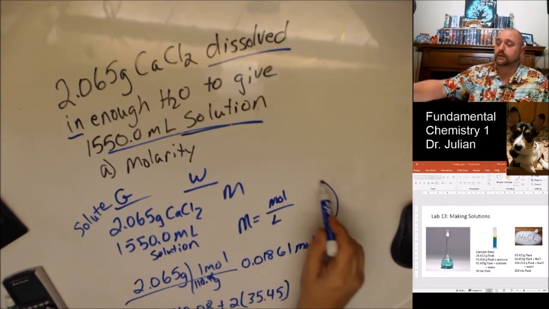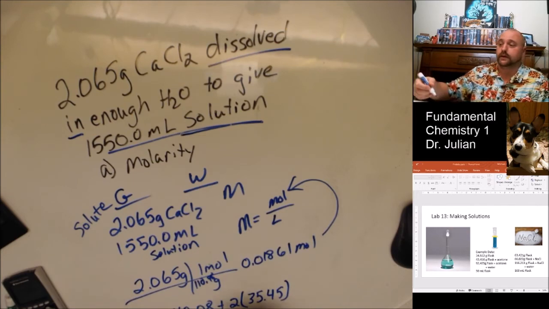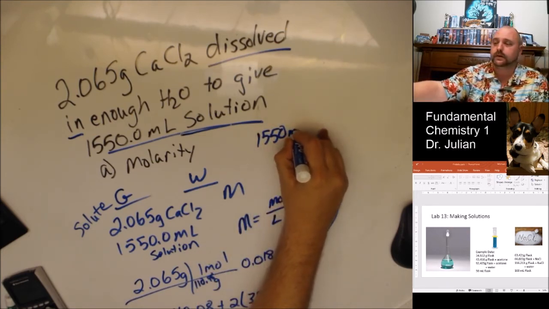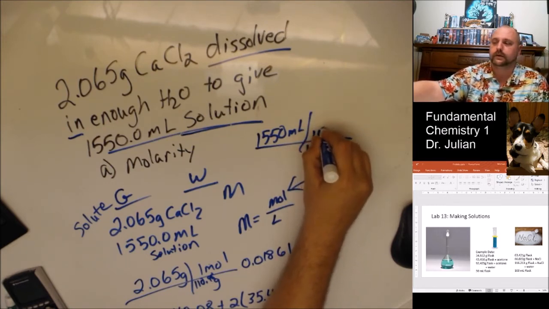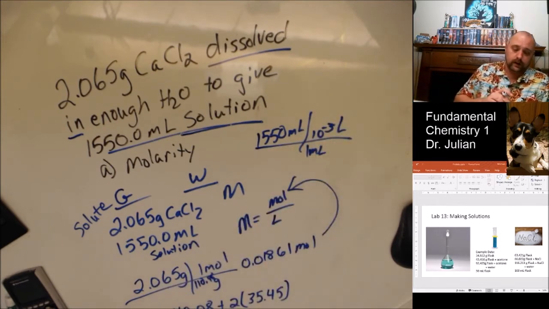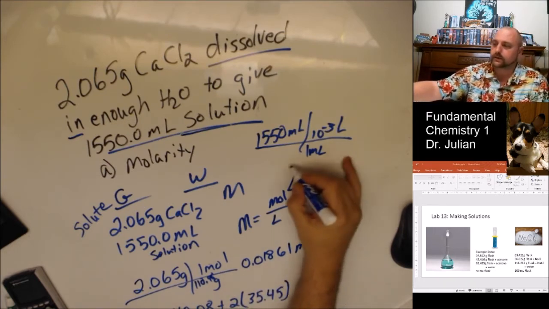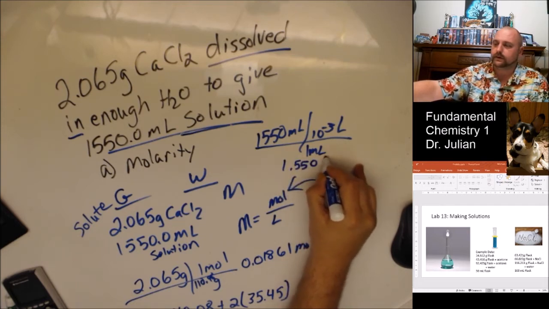I'm going to take that and plug it in and divide it by liters. Now, how many liters do I have? Well, I'm going to take the 1550 milliliters and convert that over. 1 milliliter is 10 to the minus third liters. And so that'll be 1.550 liters.